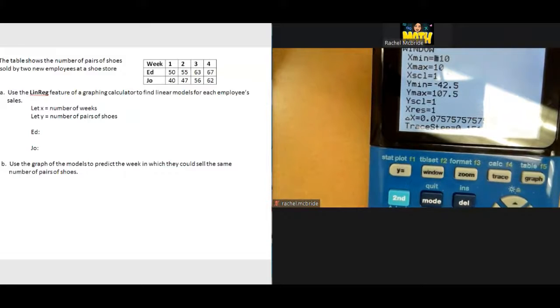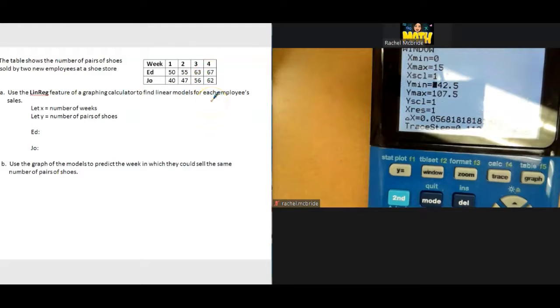Okay, if you go to window, we can't have negative weeks, so I'm going to change my x min to 0. I'm going to change my x max to 15. I doubt it's going to take more than 15 weeks. You can look at their numbers over here, and they're in like the 50s, 40s, 60s.